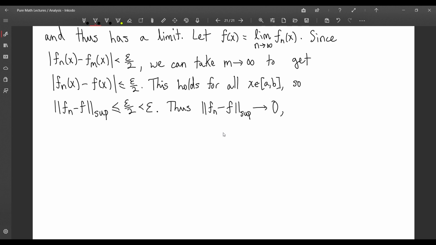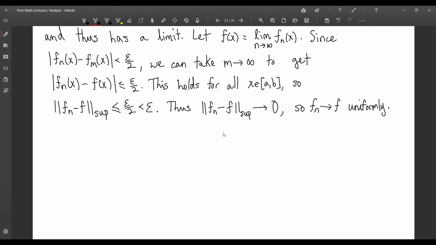And of course, we know that this is greater than or equal to 0, right? So f sub n converges to f uniformly by definition, right? This is our definition of f sub n converging to f uniformly, that the supremum of this difference converges to 0.